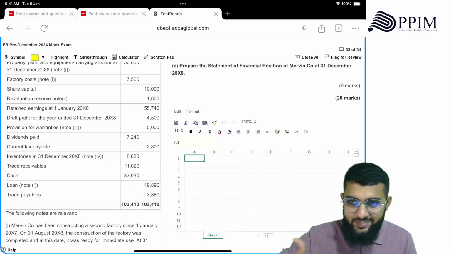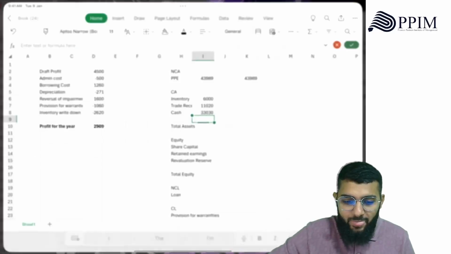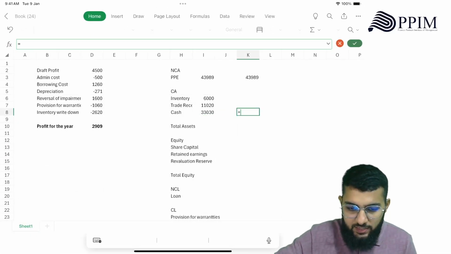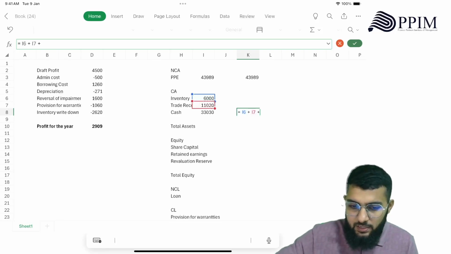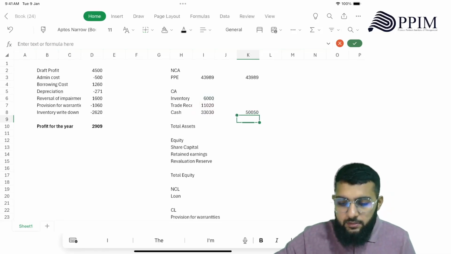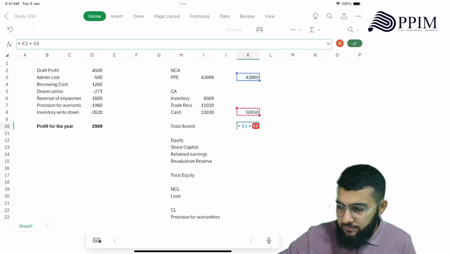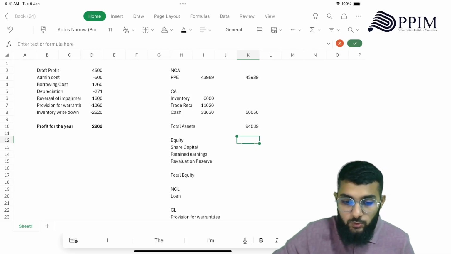So you see, easy, free marks, right? Okay, then that gives you your total assets. What's my total current assets? This plus this plus this. So what's going to be my total assets? Equals this plus this. All right, that's my total assets.